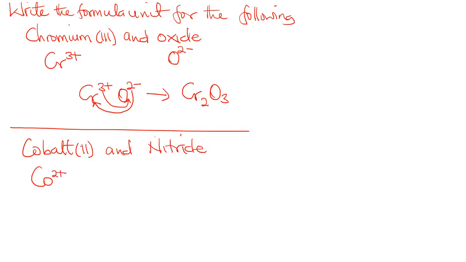So this is the charge. The nitride is coming from nitrogen. So nitrogen is group 5. Therefore, the charge is -3.